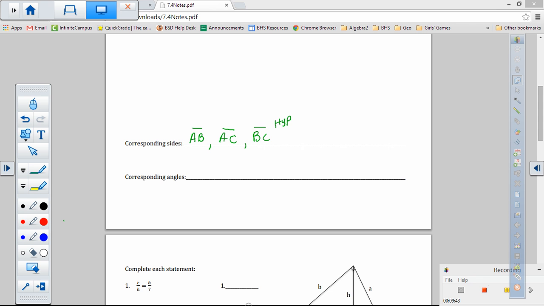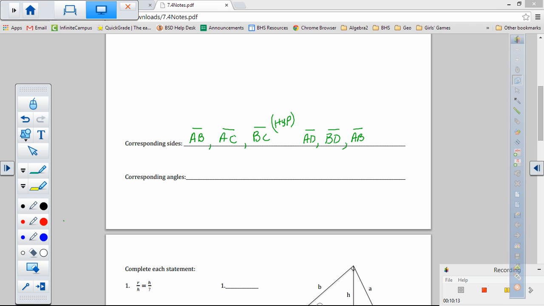Okay? Then we had all of the sides that were between 1 mark and the right angle. Okay, so 1 mark and the right angle, we had AD. And AD is similar to 1 bar and the right angle, BD. And that is similar to, in the large triangle, 1 bar and the right angle, and that would be AB.